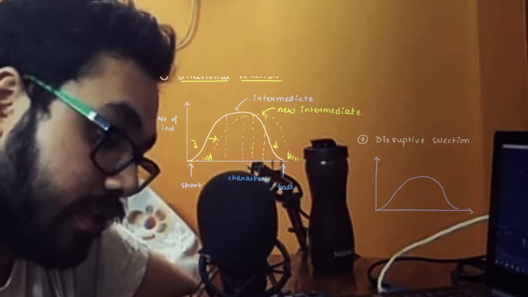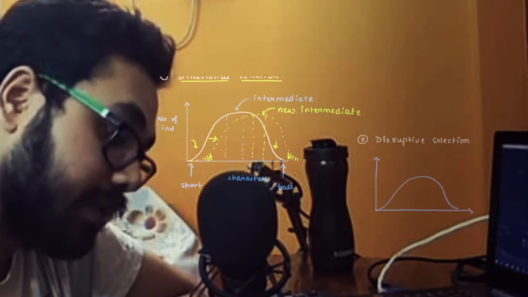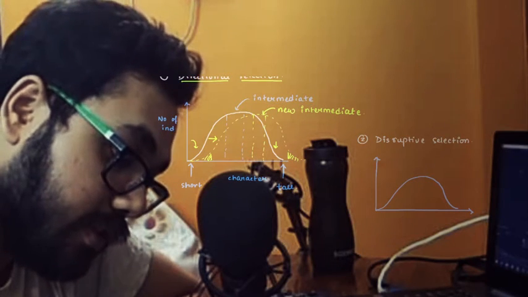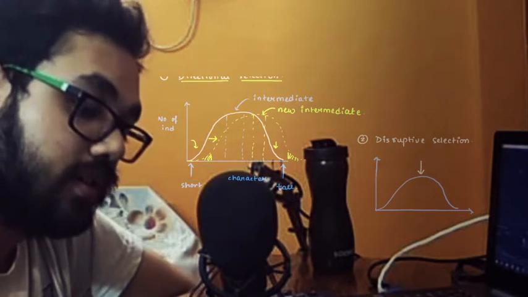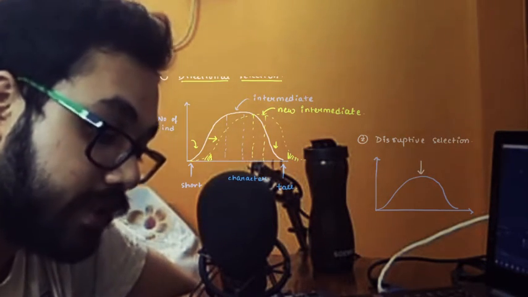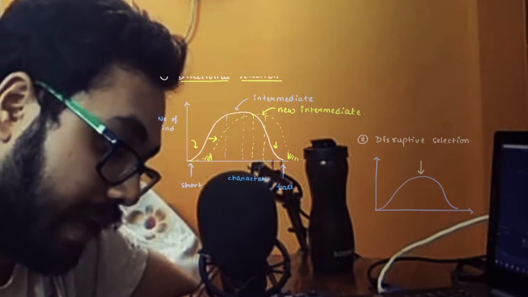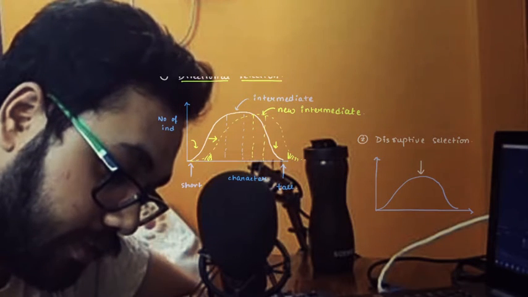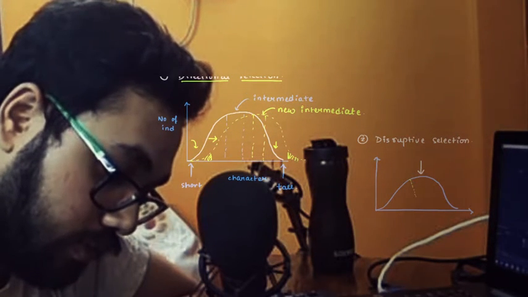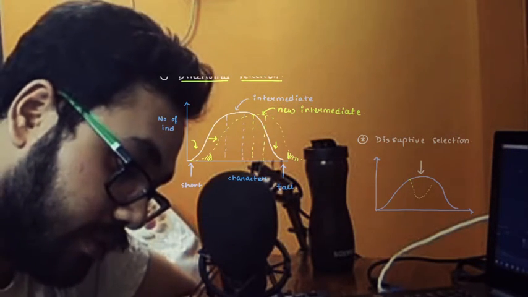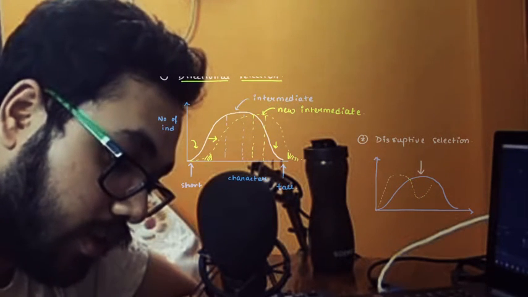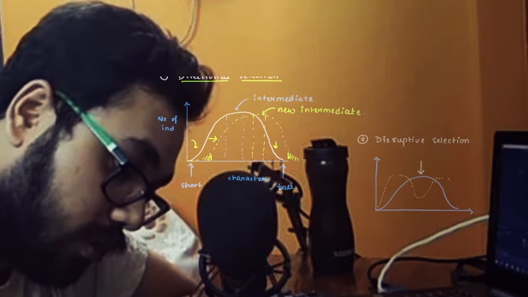So let's say a selection pressure occurs which selectively eliminates the intermediate, the individuals with the intermediate height. So what will happen is that the intermediate height is going to fall and two different intermediates are going to form on either side.